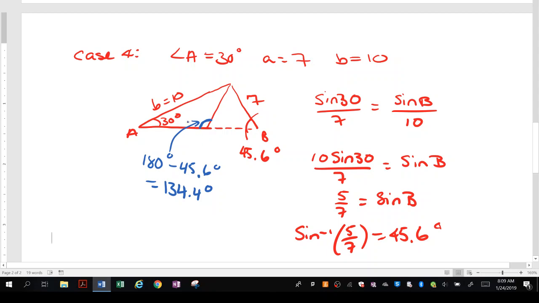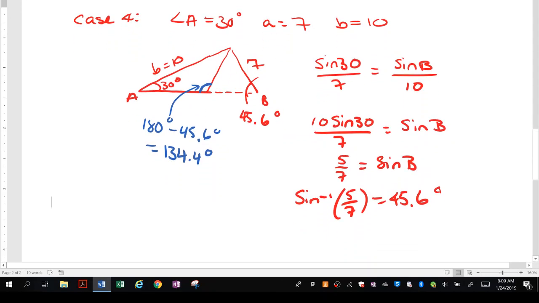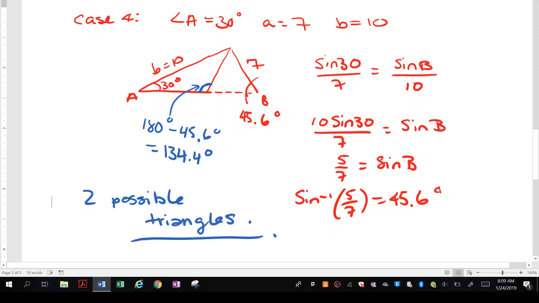So this has two possible triangles in this case. And those are the cases you have to look out for to determine the solution for the triangle.